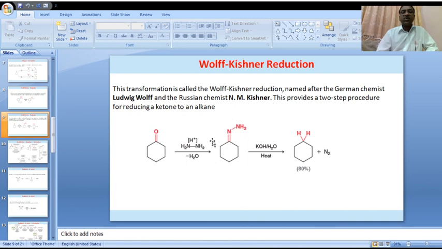This hydrazone compound easily reacts with a strong base, potassium hydroxide. Heat the reaction mixture. What happens? Loss of N2. The carbonyl carbon is converted to CH2, giving a normal cycloalkane chain.